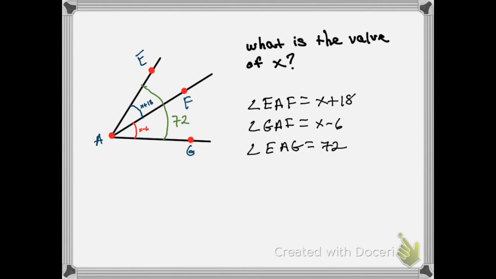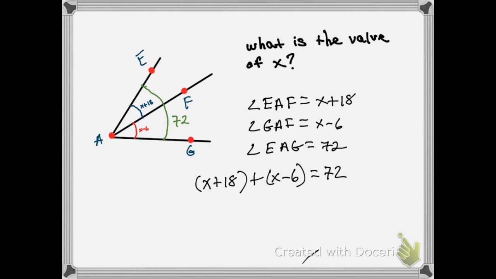Oh, this is simple. I know that if I have the whole angle, it's 72, and I have the 2 smaller angles, those 2 smaller angles will add up to the bigger angle, okay? So now I'm going to do X plus 18 plus X minus 6, and that has to give me 72. Now, I'm just going to combine like terms, do some algebra, and then this will be a piece of cake, okay?